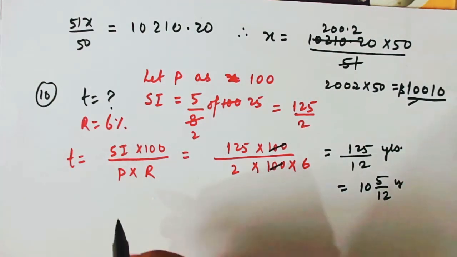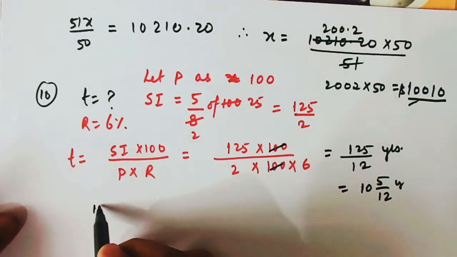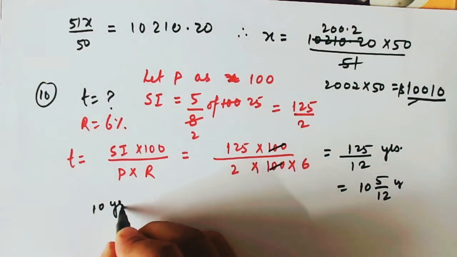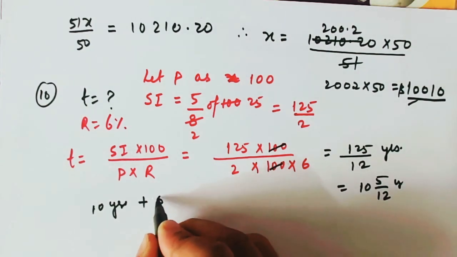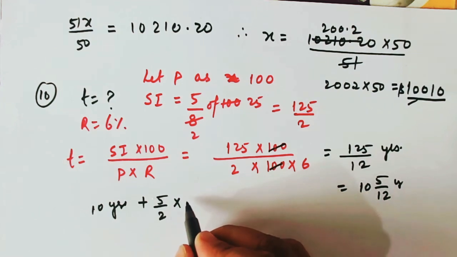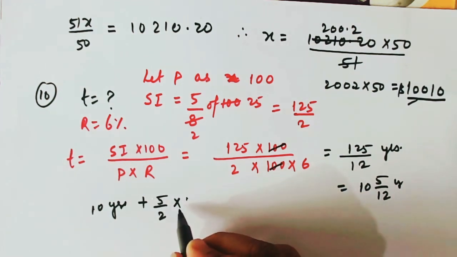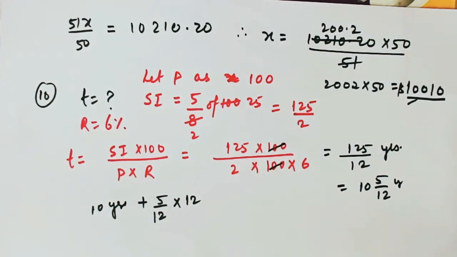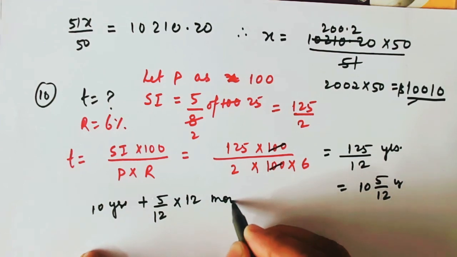This means 10 years plus 5 by 12 years, which you are going to multiply by 12 in order to convert it into months.